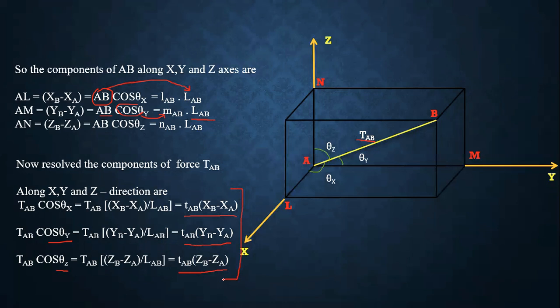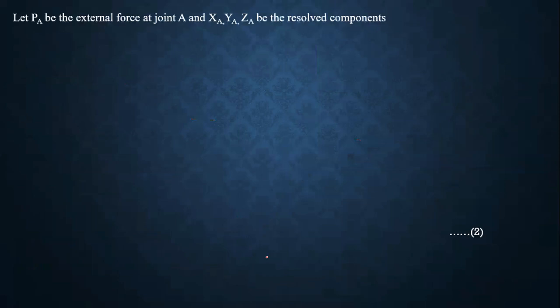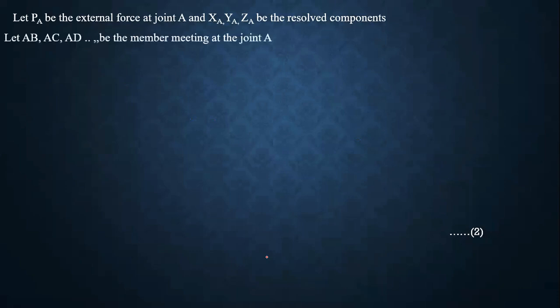Okay, we need to resolve this resultant force in each of the three directions: first X, then Y, and last Z. Z is the vertical direction. Let PA be the external force at a joint A, and XA, YA, and ZA be its resolved components.